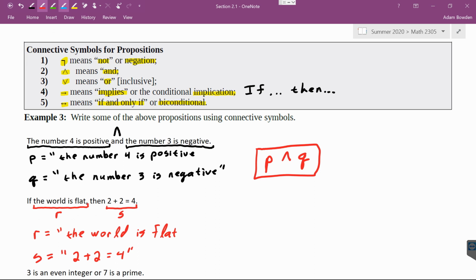And we'll write this with connectives as R implies S, because our proposition is if, then. It's the same thing as saying the first part R implies the second part. So we'll use that little right arrow to stand in for our proposition structure, with R standing for the first part and then implies S.